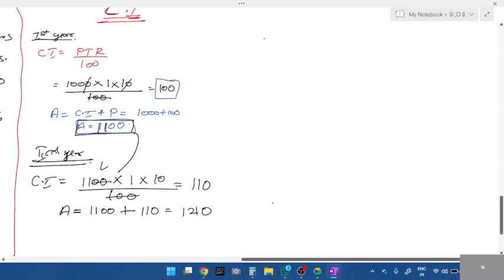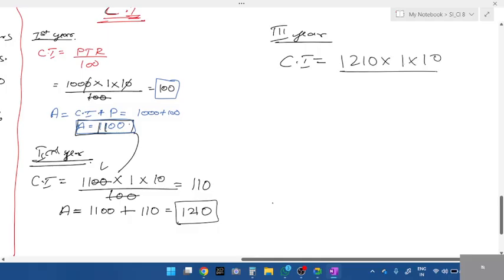How to calculate for third year? What is the compound interest, CI? What is the principal you have to take? Yes, 1210 into time is 1. Rate is also 10 divided by 100. Two zeros get cancelled. What's the interest you get? 121. And what's the amount?